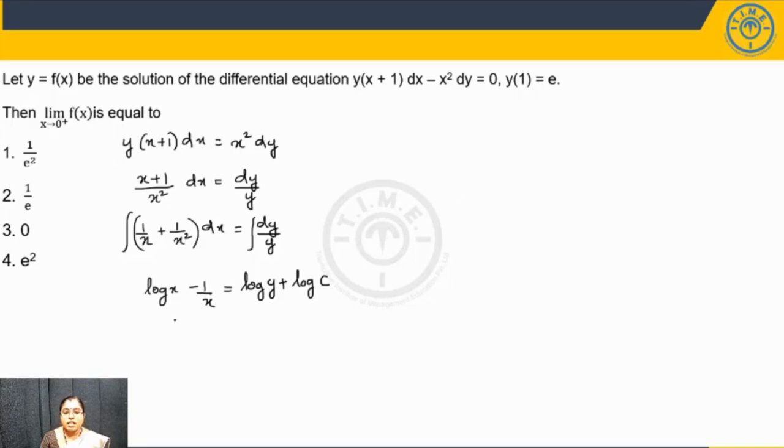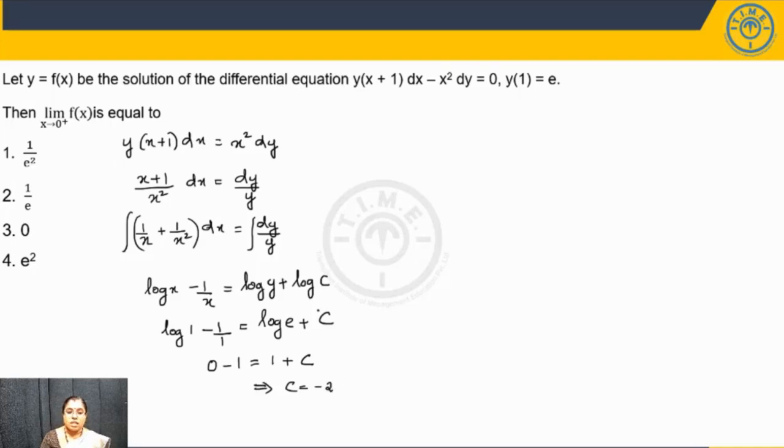So let's put x equal to 1. Log 1 minus 1/1 equal to log e plus c. Now what is log 1? 0, minus 1 equal to log e, again 1, plus c. So from this we can say c is equal to minus 2.